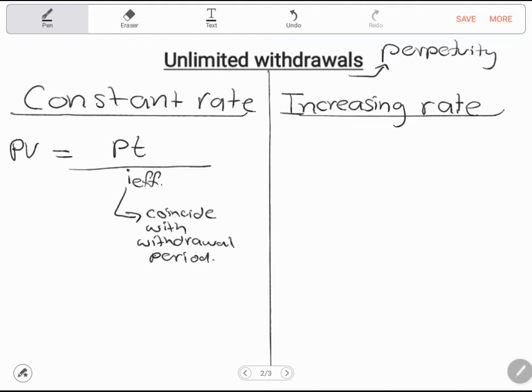That could be unlimited withdrawals because you're not sure how many withdrawals there will be. And if your withdrawals are at an increasing rate, the present value would just be PT all over i effective minus r effective. Your r is just the rate of increase of your withdrawals, and again, it needs to coincide with your withdrawal period.